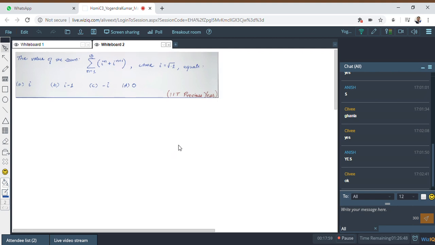The value of the sum sigma n equals to 1 to 13, i power n plus i power n plus 1, where i is obviously imaginary number iota, then it is equals to what? Do it. It's an easy question, mains question actually.